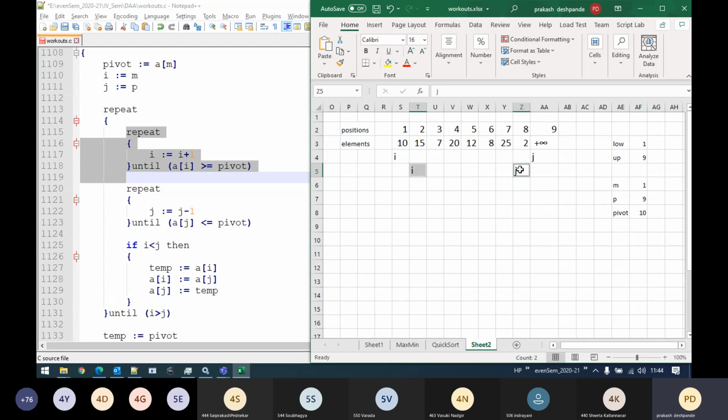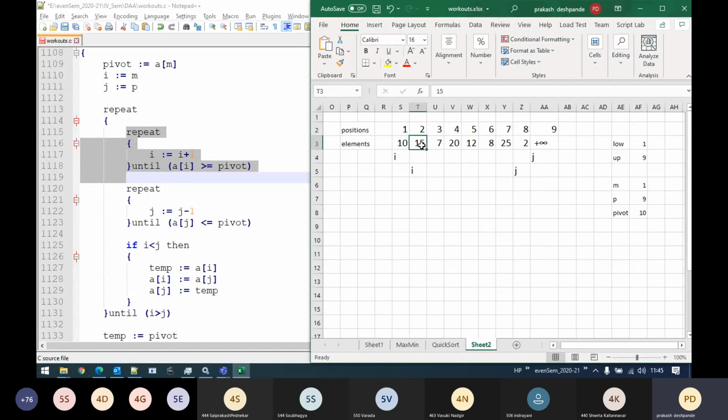When I talk about I and J, these are the position values, not the element at that position. What is the value of I? It is 2. What is the value of J? It is 8. Is I less than 8? Yes, right? Is this 2 less than 8? The condition is true, means you have to swap the elements.